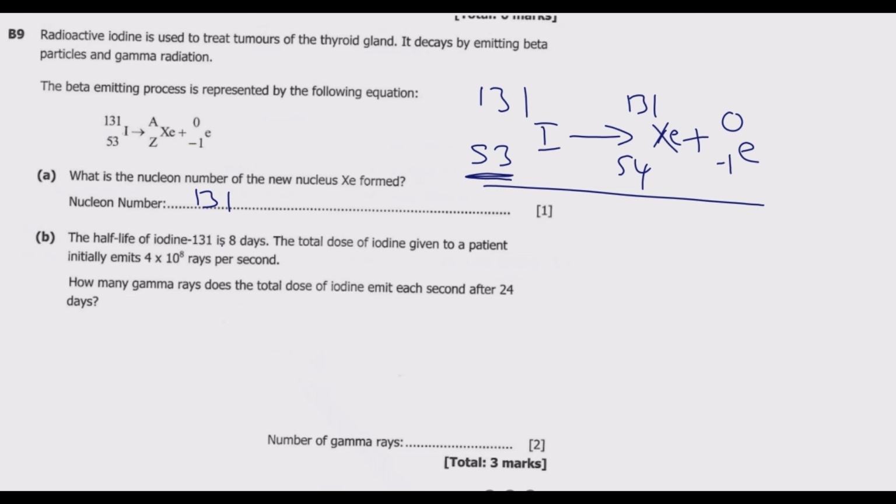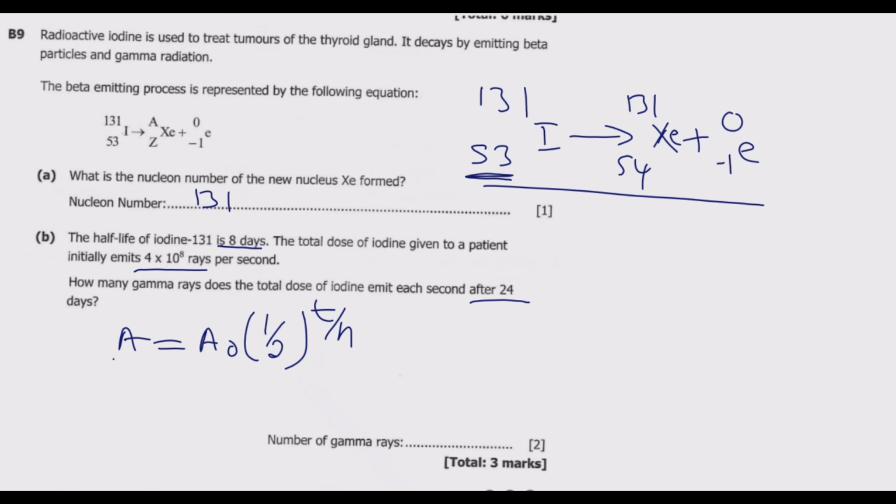So we have the half-life, then we have the period, then we have the counts per second, the rays. So basically we can use the famous half-life equation, where the amount is equal to the initial quantity, multiplied by half to the power the time that has passed over the half-life.